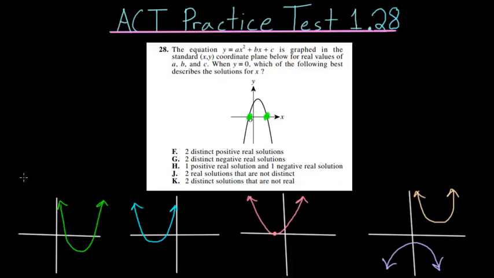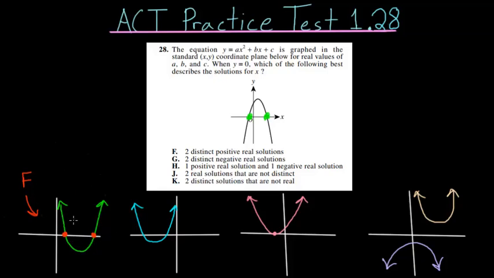And you can see that this choice here is letter F, since the solutions where the curve crosses the x-axis, these are both positive values since it's on the right of the y-axis, and they're both real numbers, and they also are distinct since they're not the same value.